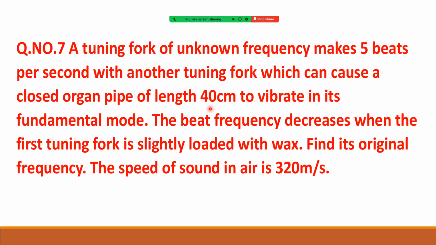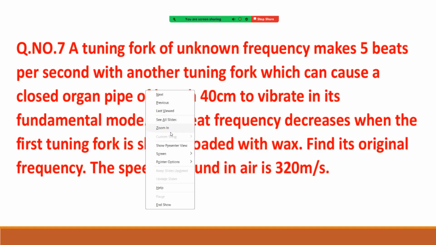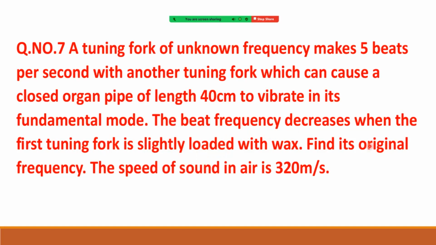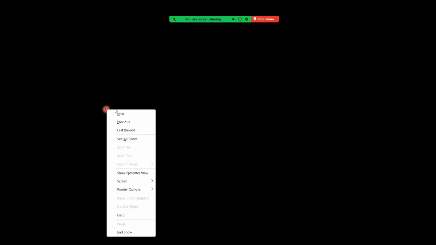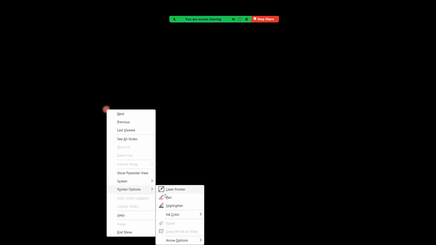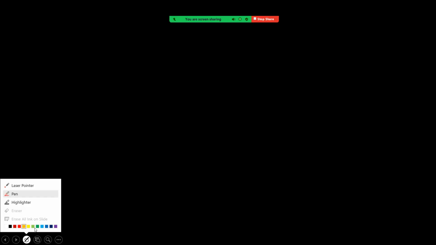Now see carefully. The beat frequency decreases when the first tuning fork is slightly loaded with wax. Let us see how we solve the problem. The first one, F1, we have to calculate.